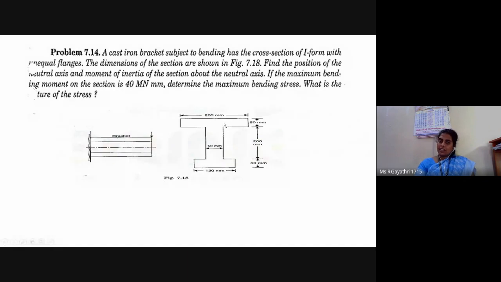If you cut it into two equal halves about the center line of this I section, this side length and height will be the same as the length and depth on the opposite side. So this is symmetric about the y-axis but unsymmetric about the x-axis.